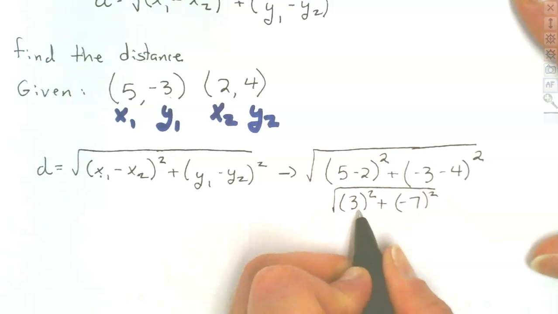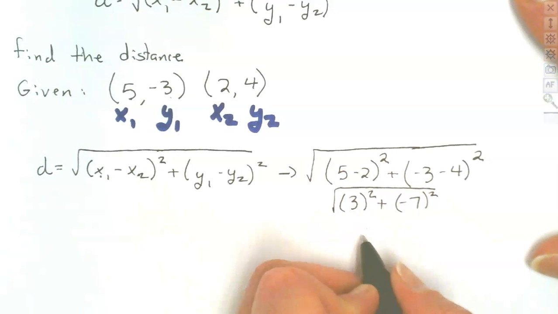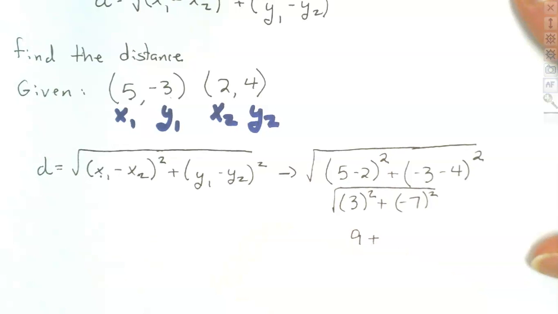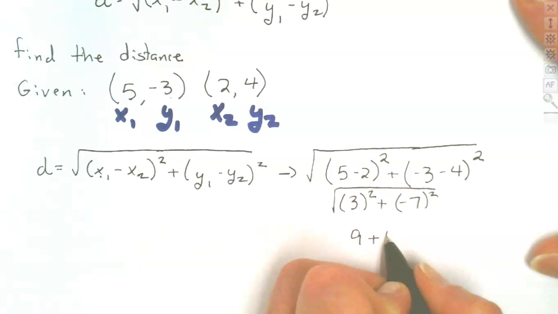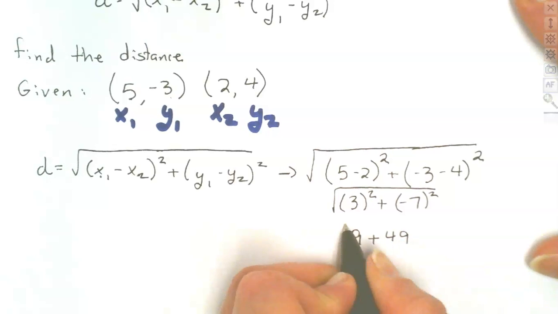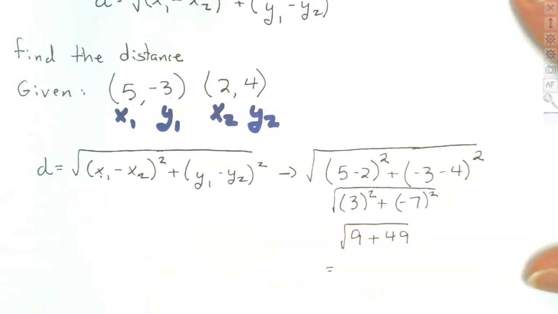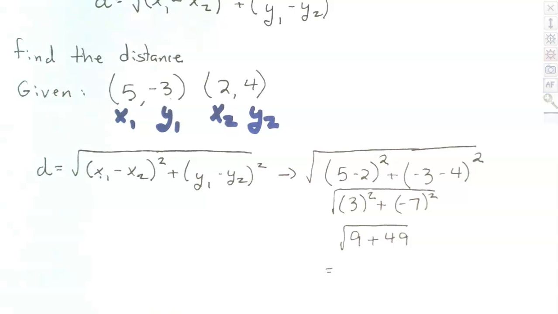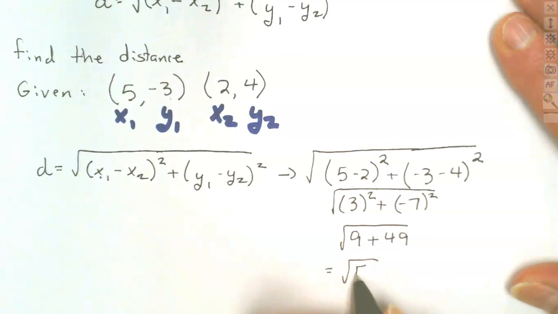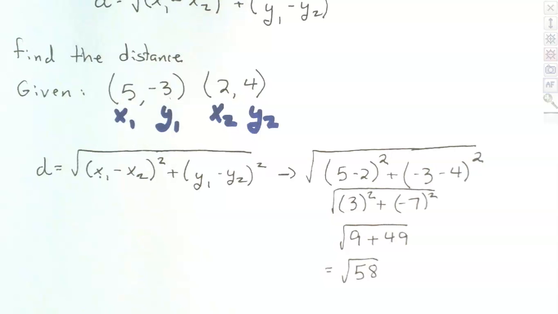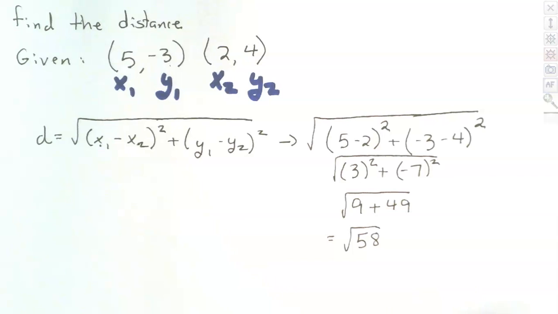Now we can go ahead and break this down. 3 squared is 9. Negative 7 squared makes it a positive 49. And we can add those together, and that's going to make that then what? The square root of 58, I believe. Just like we did with the quadratic formula, we may have to break down that 58.